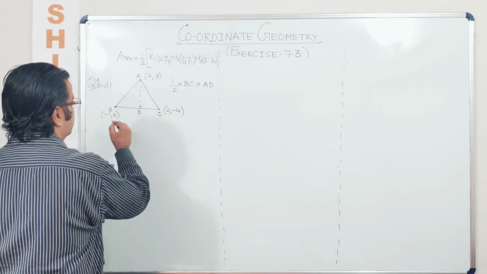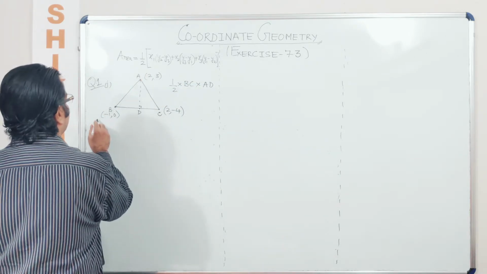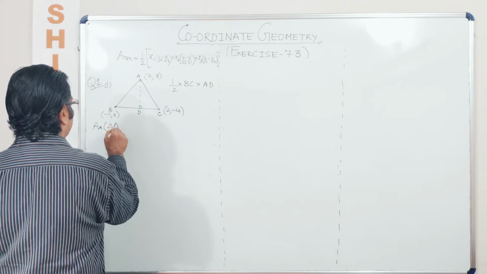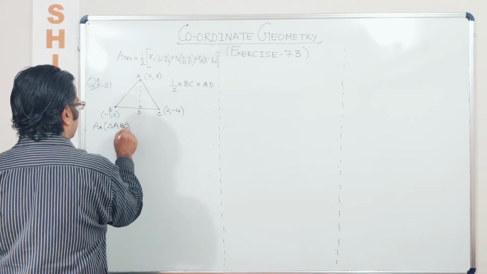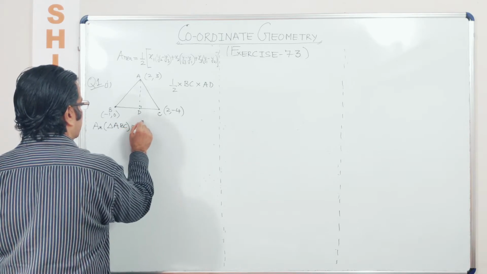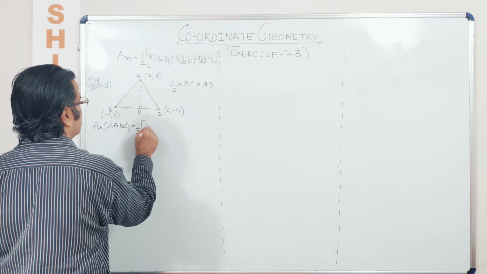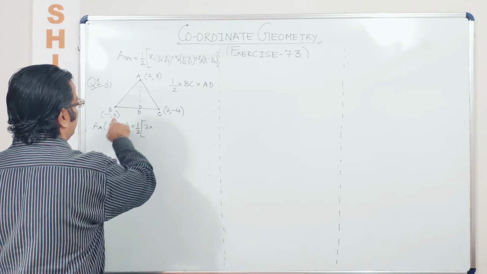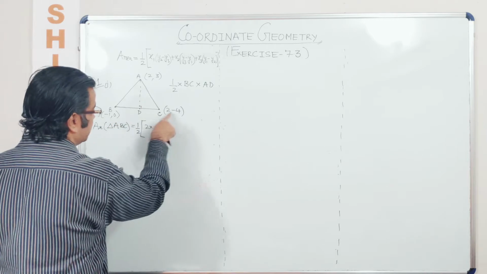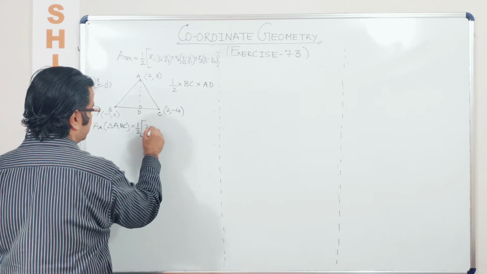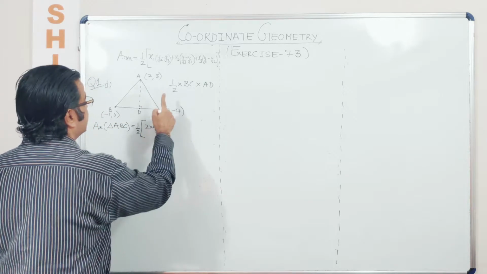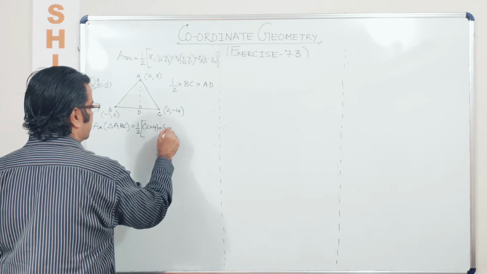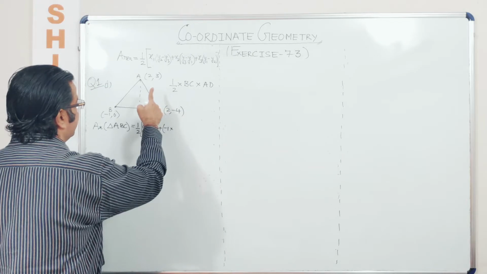So if I were to use this formula, so now I know that the area of the triangle ABC is nothing but half into x1, which is 2, into y2 minus y3. Now this is y2 minus y3, which is 0 minus 1 minus 4 is 4, plus x2, which is -1. Let me put this in bracket, multiplied with y3 minus y1.